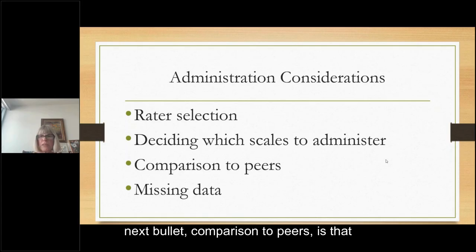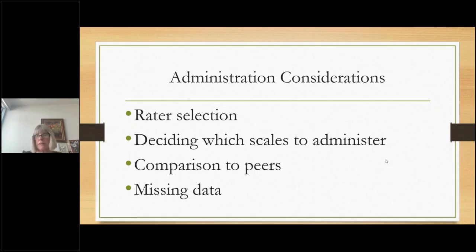The next bullet, comparison to peers, is that little part in the instructions where we say, in comparison to her grade level peers. We had a focus group of teachers, and we asked them, when you want to compare a student's ability, do you use age or grade?